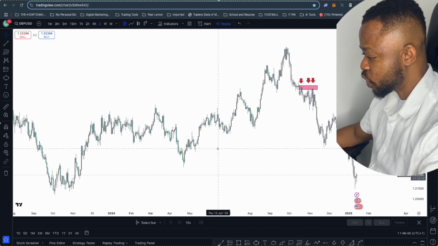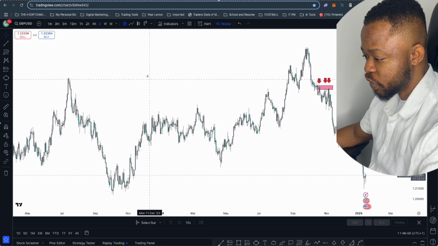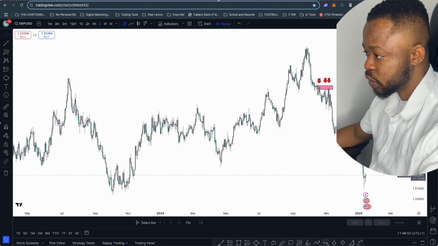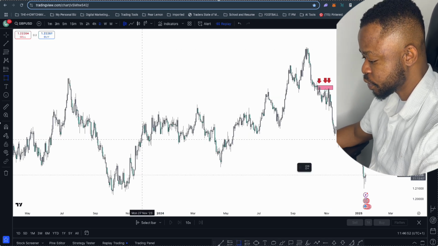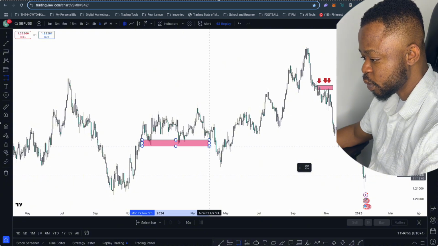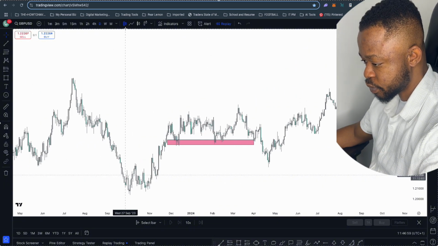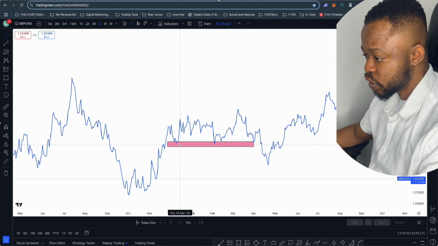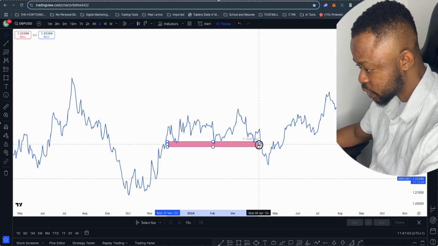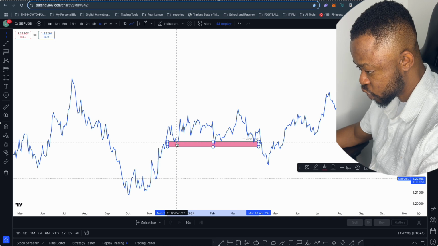So let's say you are looking for a support zone. Let me find a support zone that resonates properly. So we have here, look at how price played in this area. If we check the line chart, you can see how price is sitting comfortably on this zone. One bounce to the bottom.